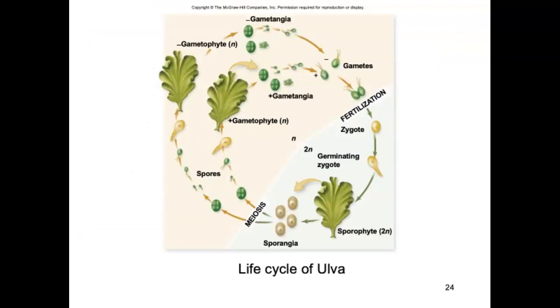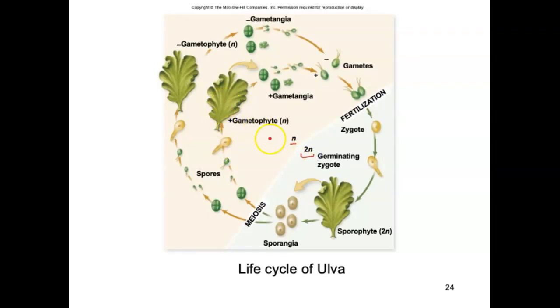Okay, so here's the picture. This is Ulva. It's a type of colonial, or type of multicellular chlorophyte that goes through this haplodiplontic life cycle. Haploid, diploid. Haploid being 1N, diploid being 2N. So here's the gametophyte.